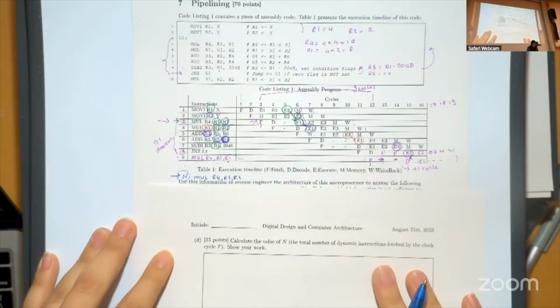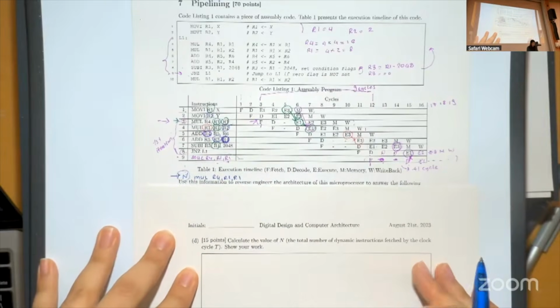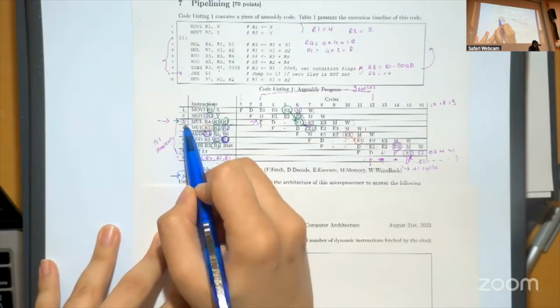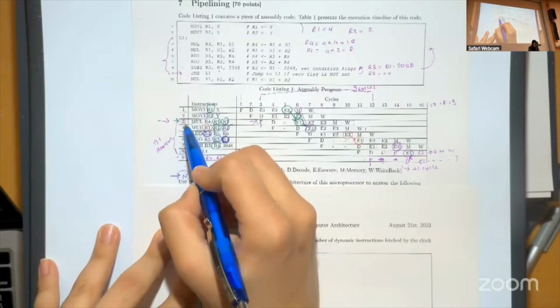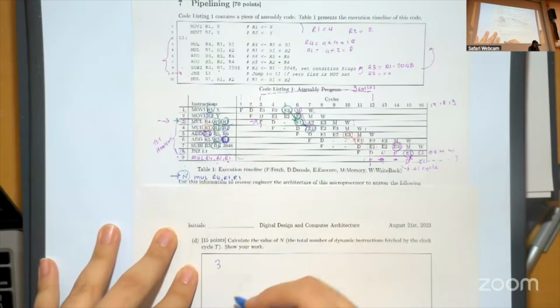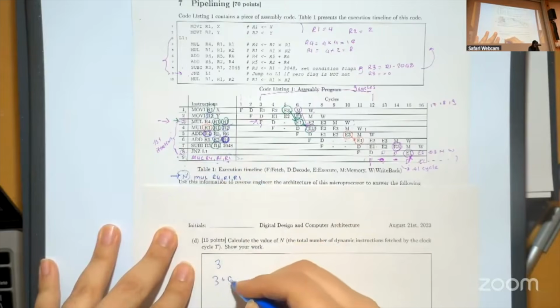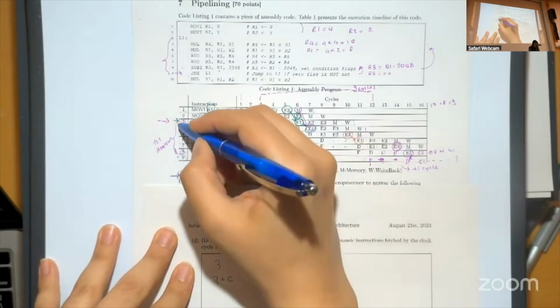We can calculate this based on the number of iterations that we have, which is 8. The first iteration of this instruction is the dynamic instruction 3. And then the next one is 9, because we have 6 instructions in between those.